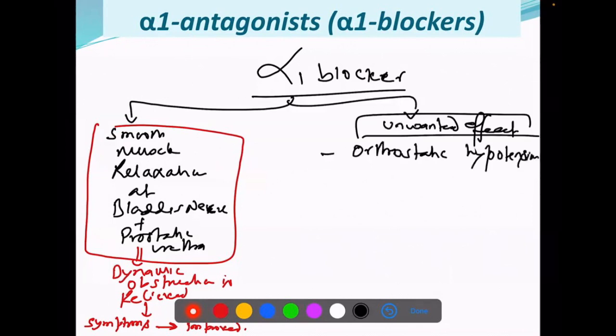That means the patient will have a sudden drop of blood pressure when standing up from a sitting posture, headache, dizziness, everything. This is due to alpha-1 blocking at blood vessels. It leads to hypotension.